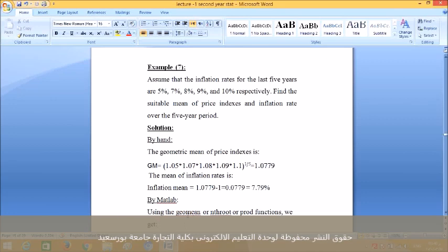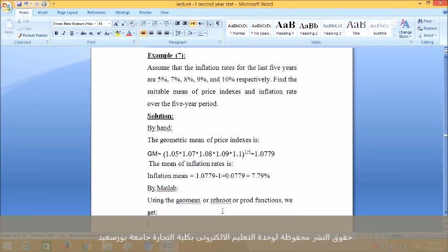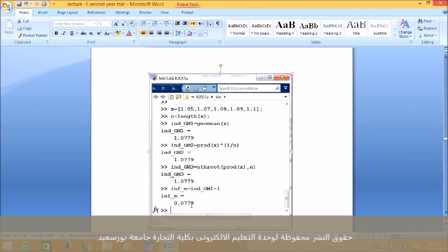So in short, prod and nthroot are just to learn other functions to compute it, but we have directly a function to compute the geometric mean. So x equals 1.05, then 1.07 and so on, n equals length of x.